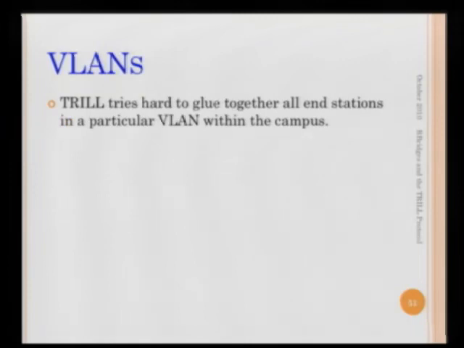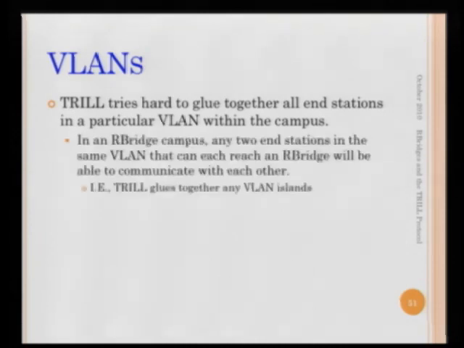So one way in which RBridges do treat VLANs differently, and it's probably the only real way, is that it tries hard to glue together all end stations that are in a particular VLAN. If you're in an RBridge campus and you've got two end stations in the same VLAN and they have connectivity to an RBridge, then they will be able to communicate with each other.